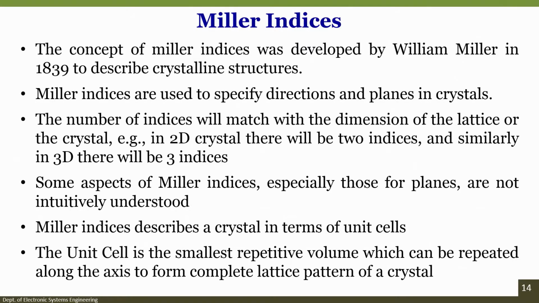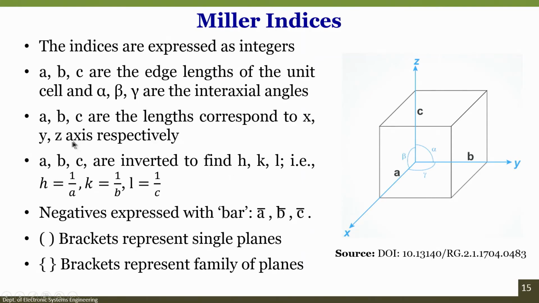Now a very important concept is Miller indices, which was developed by William Miller in 1839 and is used to specify direction and plane in the crystal. So as you can see, just read this particular slide. Let me go to a very important slide. Here A, B, C are the edge lengths, alpha, beta, gamma are the interaxial angles, right.